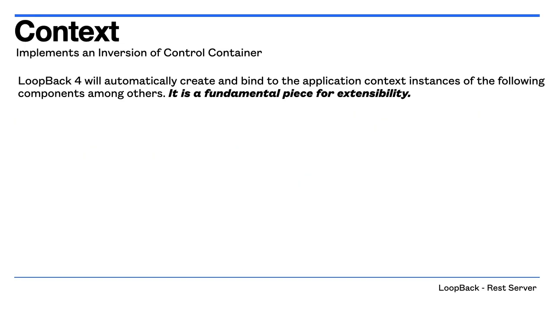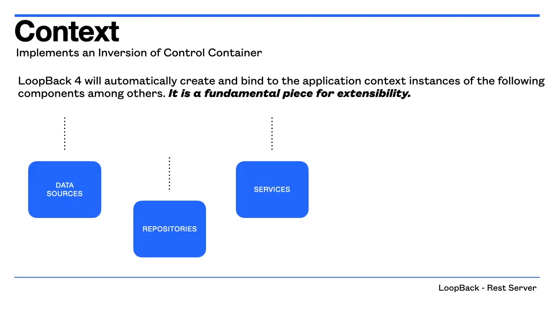Now, we talked about dependency injection in the previous slide. In LoopBack 4, there is an entity that we call context. A context implements an inversion of control container. This is like a central registry where all these controllers, data sources, or services are going to be registered.